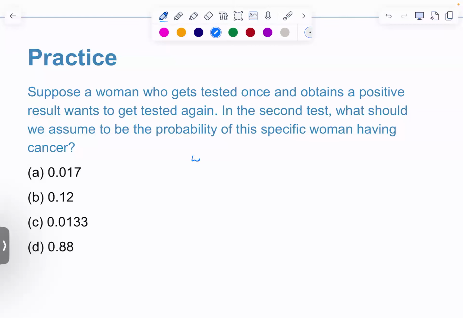We know the probability of having cancer given a positive result is roughly 0.12 from before. So now, if we were to make a new tree diagram, we would have to adjust the probability of having cancer from earlier.